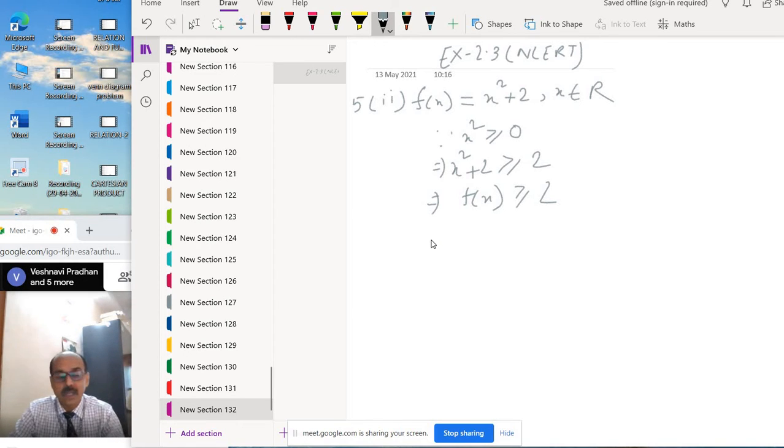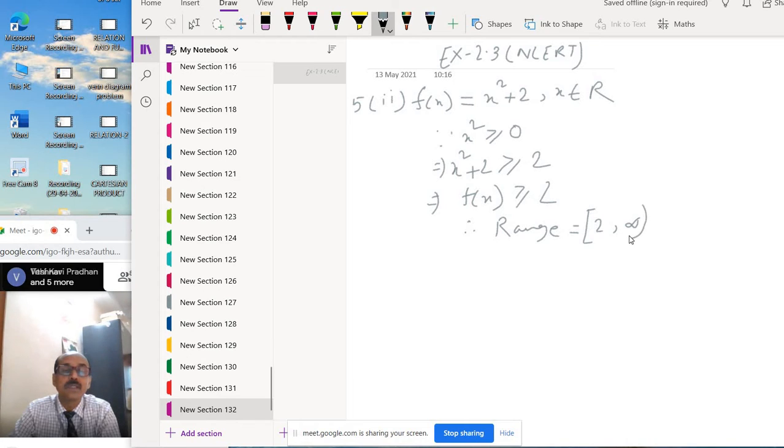No negative numbers are there. So therefore the range of this function equals: start from 2, and the equal sign is there, greater than or equal to, so it is a closed interval at 2. And it ends at less than plus infinity, that means open interval at infinity.